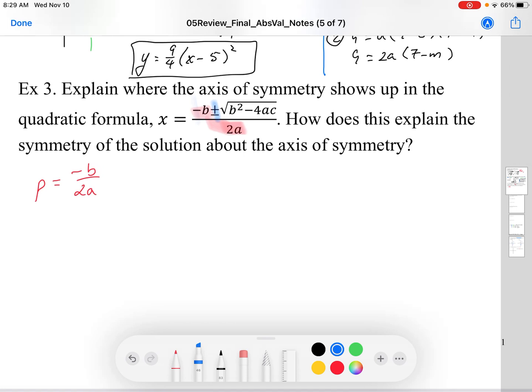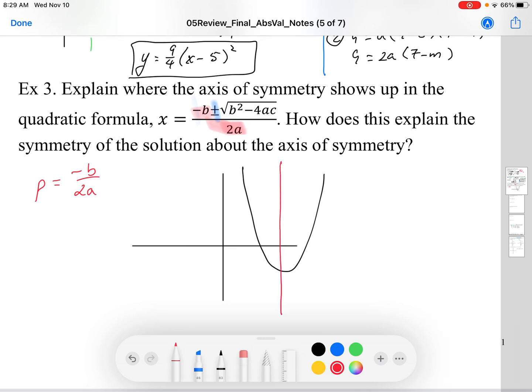We can then sketch this out. We have our graph here. We're just going to draw some arbitrary parabola here. That negative b over 2a is going to show up in the middle. That's going to be our negative b over 2a through the middle.